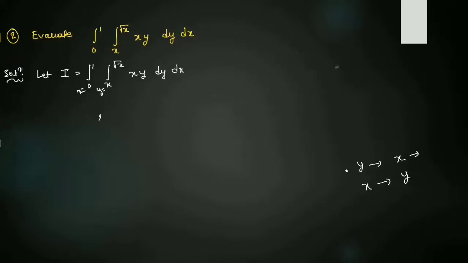Now let us solve the problem. First, with respect to what variable do we have to integrate? With respect to y. So keep x from 0 to 1 as it is. Keep x as it is.